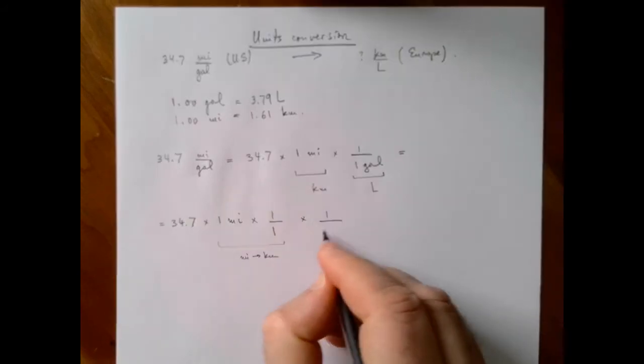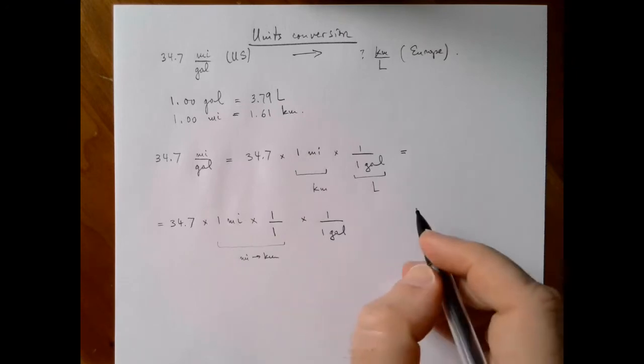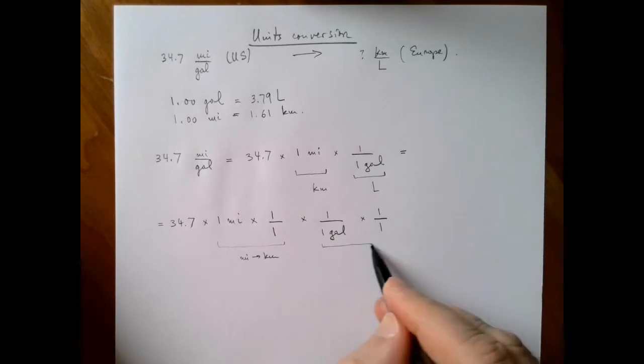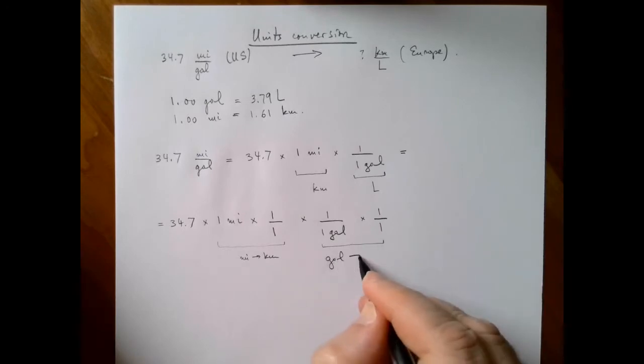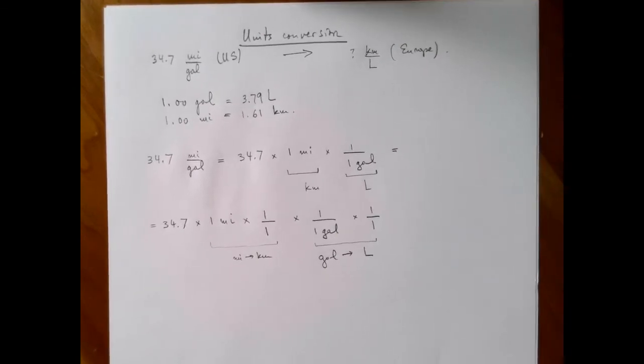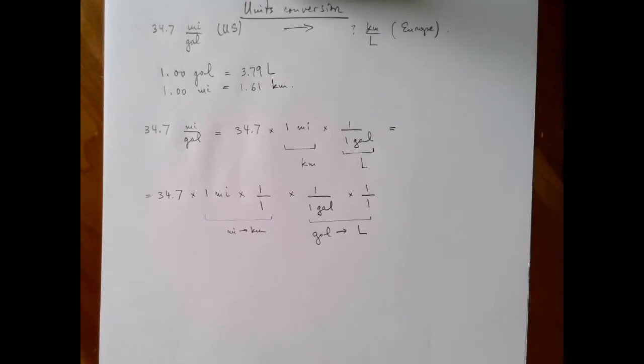The gallon, 1 over 1 gallon, is also multiplied and divided by 1. This, of course, will be the gallon to liter conversion. So far, so good. I multiplied and divided by 1. Nothing has changed.